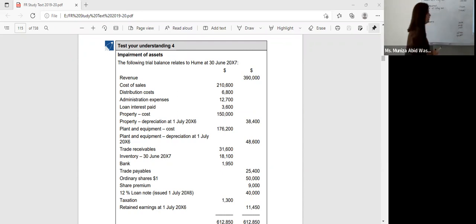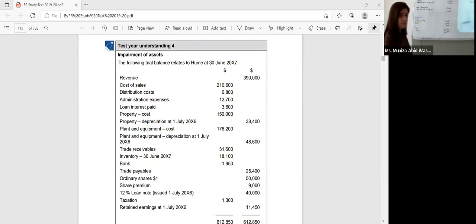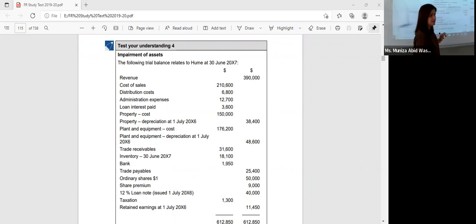If it has been issued at the start of the year, how much interest would happen on it? 40,000 multiplied by 12%, 4,800. Is it? 4,800 interest must happen there for the full year. From 1st July to 30th June 2007, full year interest of 4,800 must have been there, but loan interest paid has been only 3,600. Is it? So it means that accrued interest is there.